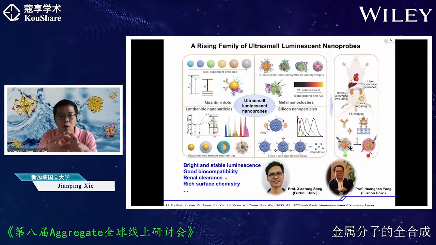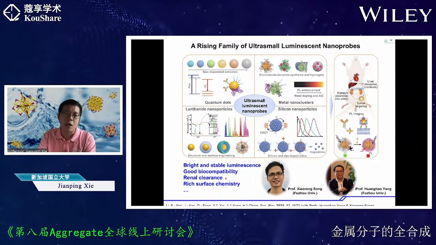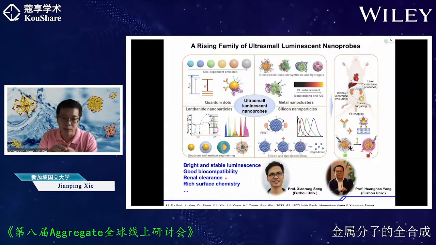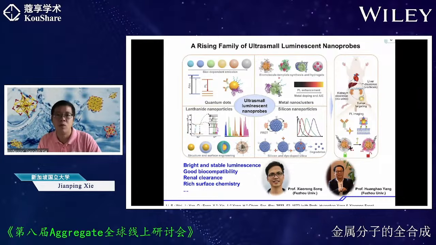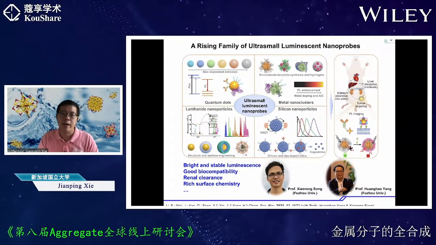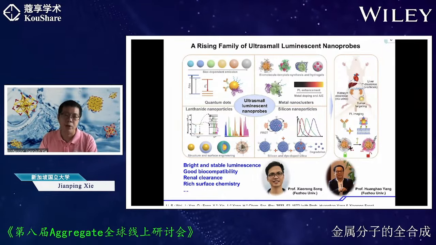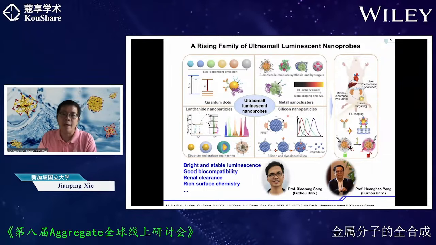And our clusters can also be protected by biomolecules, like peptides, so they have very rich surface chemistry. So they are very promising luminescence probes for different imaging applications and also for many biomedical applications. But today my talk will not focus on the bioimaging applications.